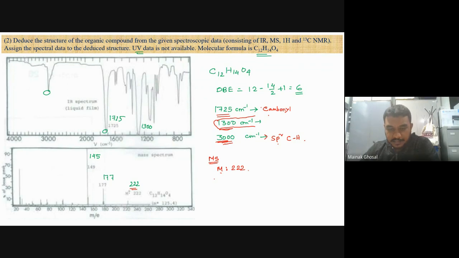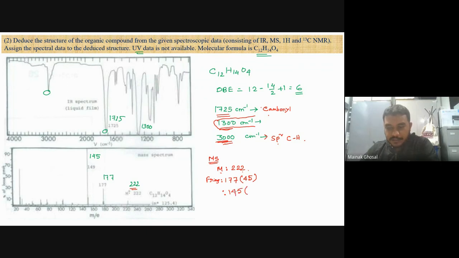So here, if you lose the next fragment, one fragment is at 177. So how much is lost here? 222 minus 177, 45. Another fragment is at 149.